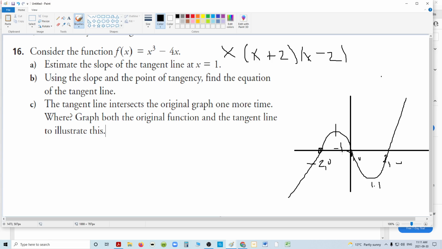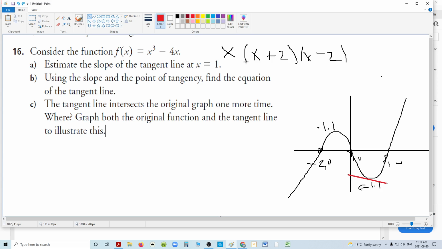You'd think that maximum would be at minus 1, but this part of the graph actually pulls it a bit to the left, at minus 1.1, which means at 1 here is going to be just to the left of the min point, which means it's going to be sloping negatively downwards before it reaches that min point. And I just happen to know this from knowledge. You don't have to. You can graph and find out. But I know at 1, I'm going to have a slope that's very gentle, actually. It's like that. I'm going to put it in red.